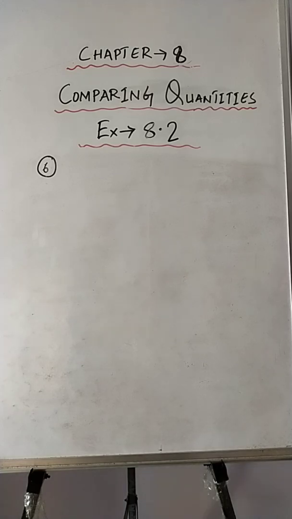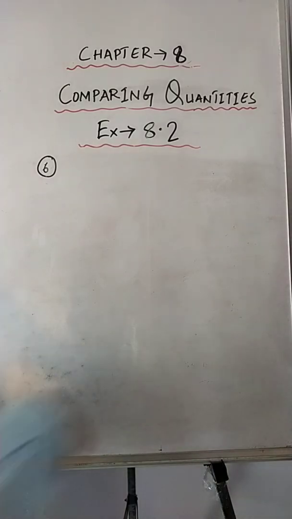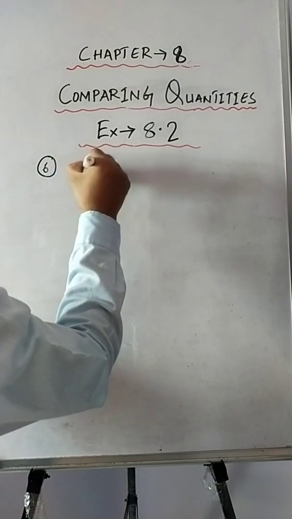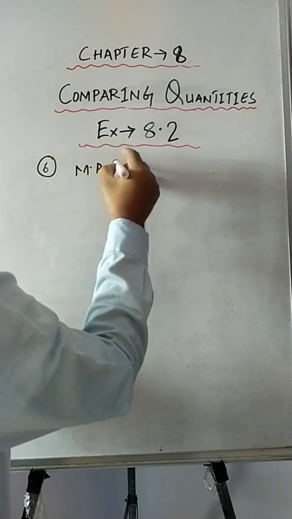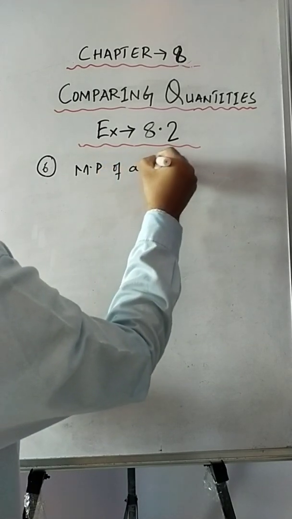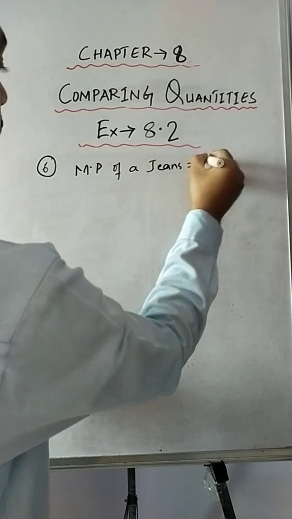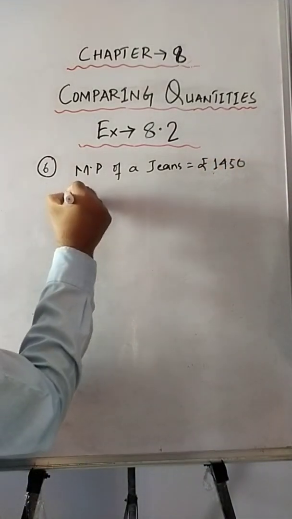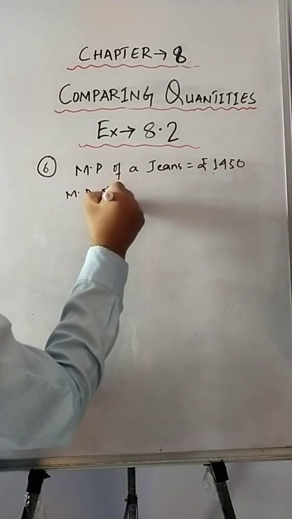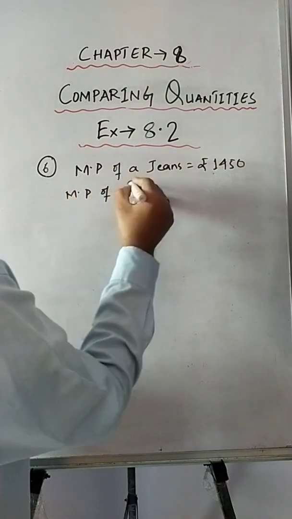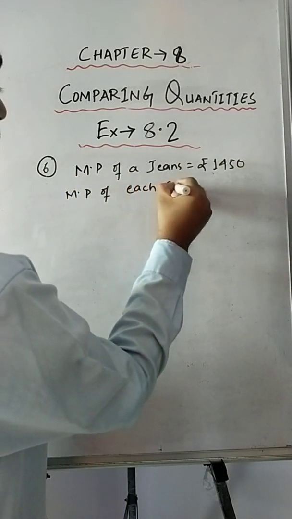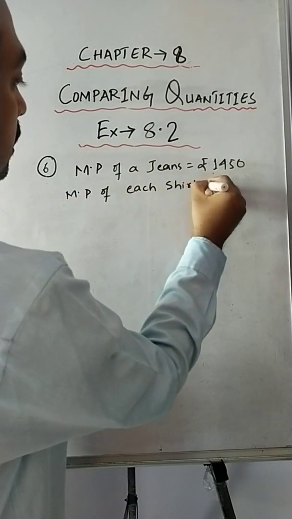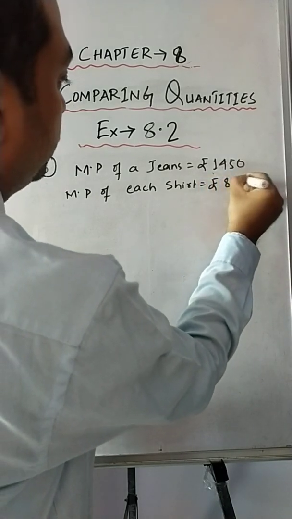Okay, so now let's see. The mark price of jeans is the first thing we have to write. Mark price of a jeans is rupees 1450, and mark price of each shirt is 850.